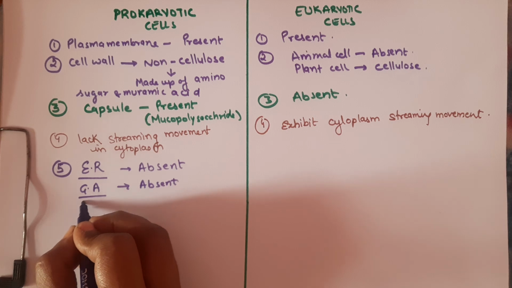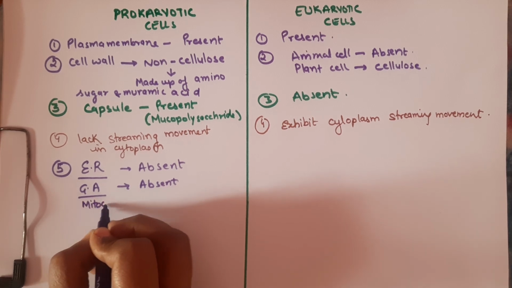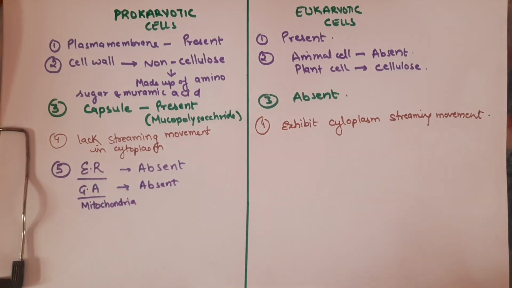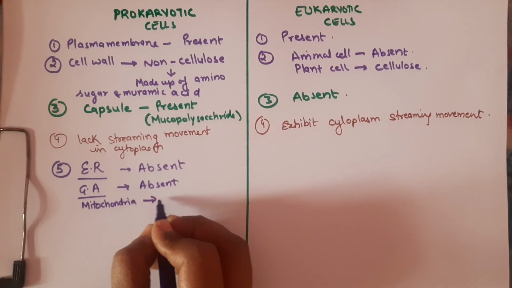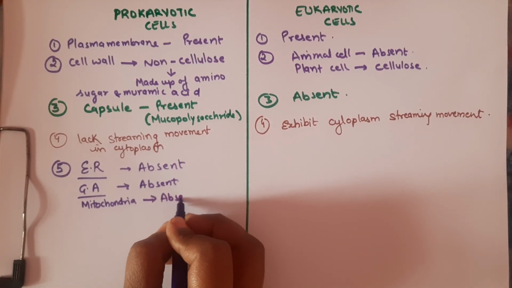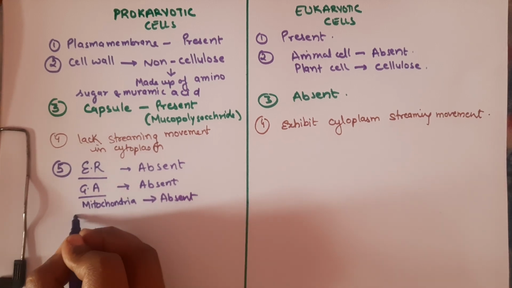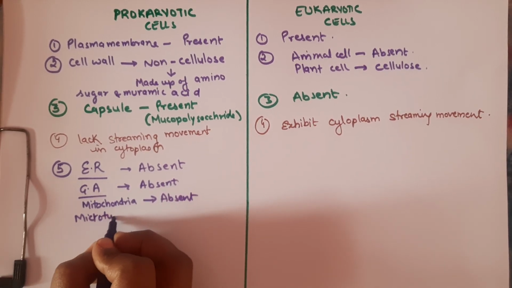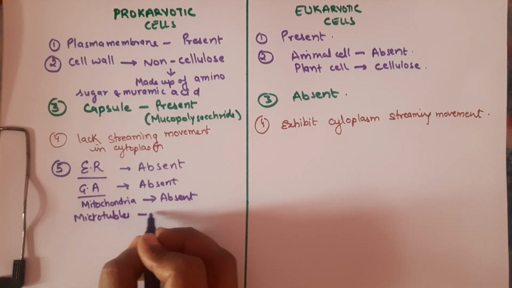I will first write all the organelles that are absent in the case of prokaryotic cells. So mitochondria is also absent. Microtubules, absent.